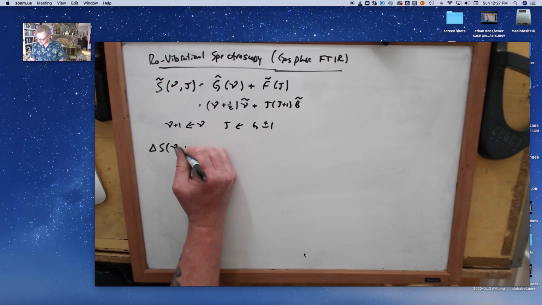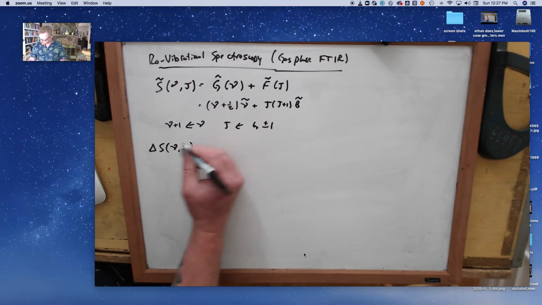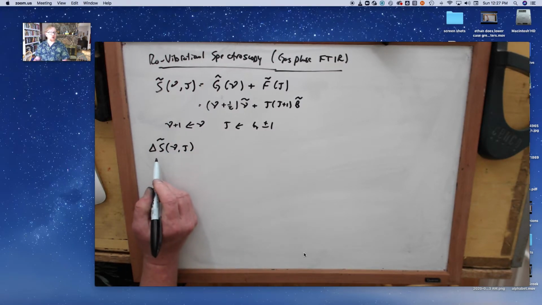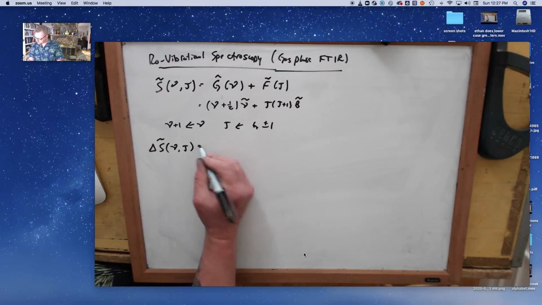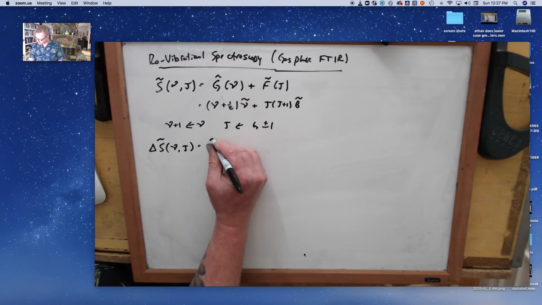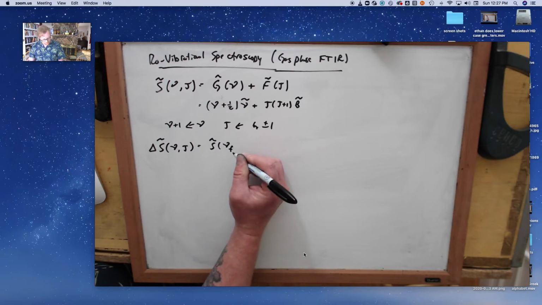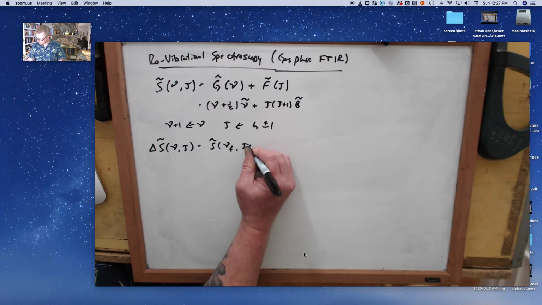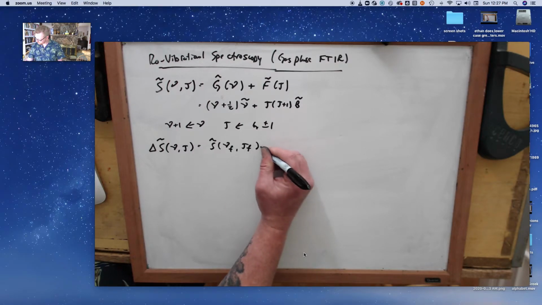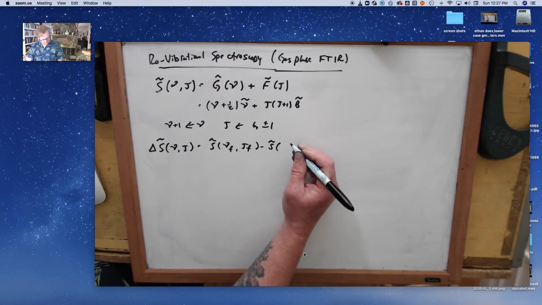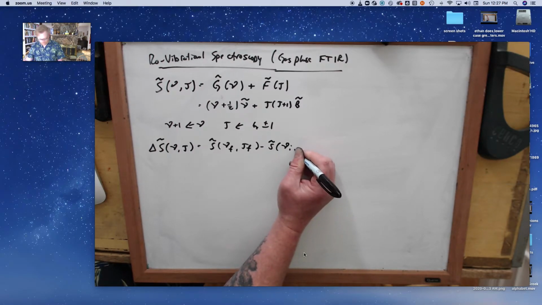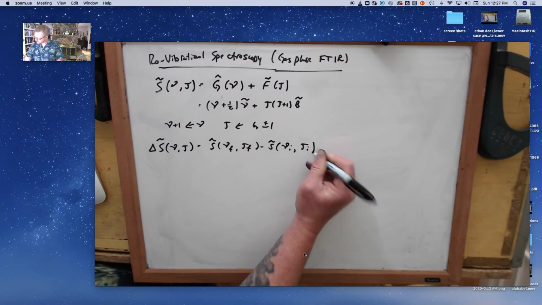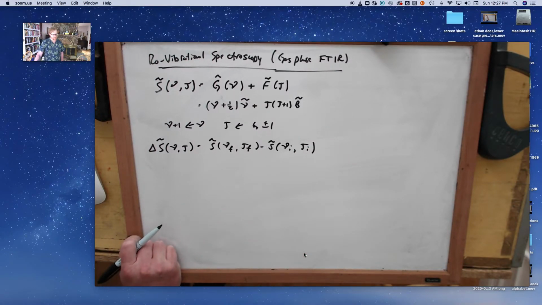Delta S of nu and J, so that's what we would observe in the spectroscopy, the change in that energy level, equals S of nu final, J final, minus S of nu initial, J initial. Okay, so that's going to be our spectra.